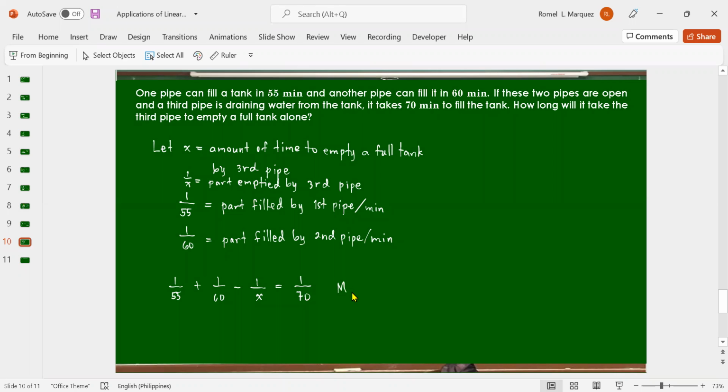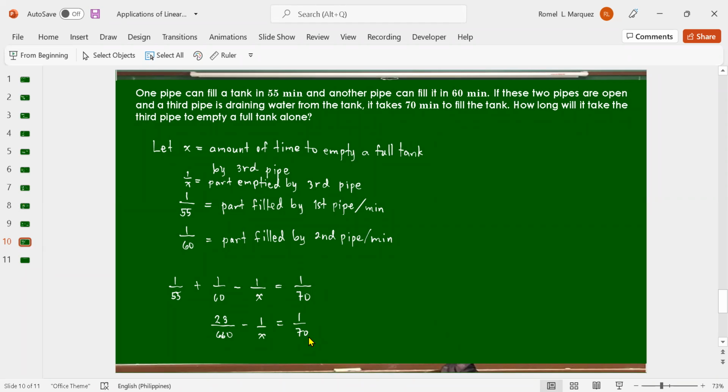So multiply by what? Anong multiplier natin, guys? Simplify na lang natin ng fraction. After all, we use calculator. Allowed naman. So 1 divided by 55 plus 1 divided by 60 is equal to 23/660 minus 1/x is equal to 1/70.